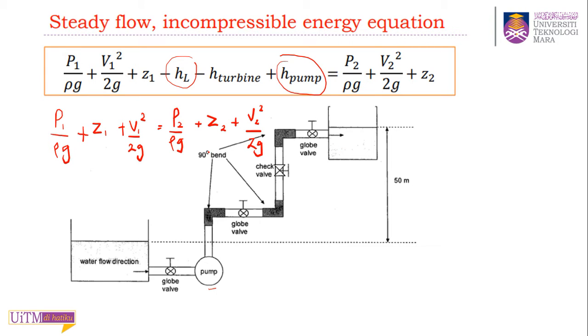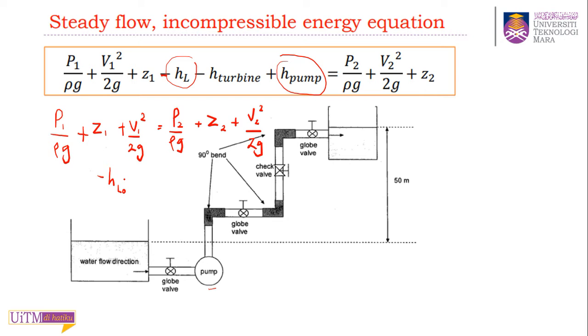The question is about the sign, whether it's minus or plus. Because we take the head loss into consideration, we minus the head loss on the right side of the equation, because we know we have the losses.